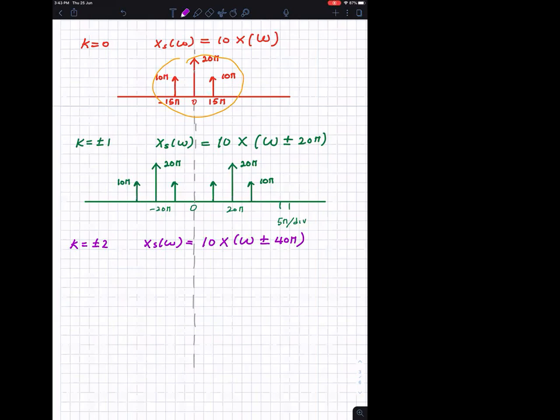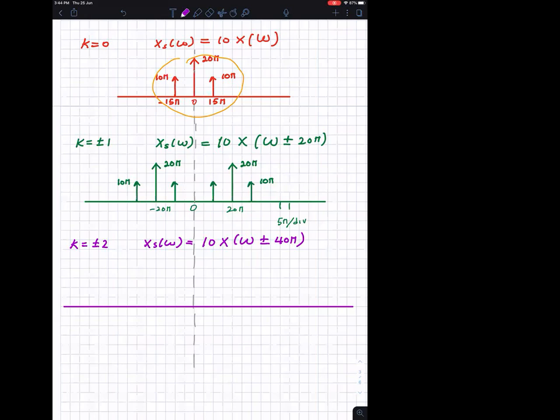So the 40 pi is referring to the frequency where it's going to be replicated to. So let me just draw this.